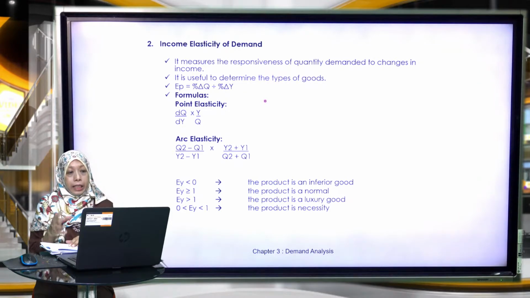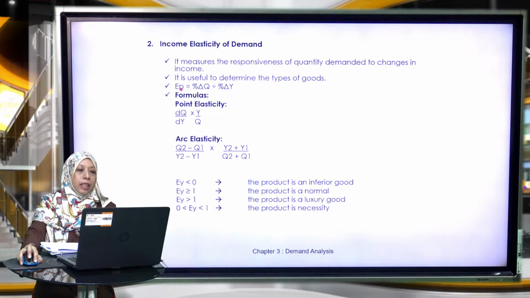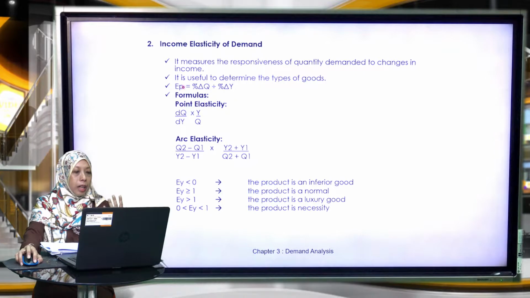To calculate income elasticity of demand, again there are two types of formula: the point elasticity formula or the arc elasticity formula. But in this module, we're going to concentrate on the point elasticity formula.